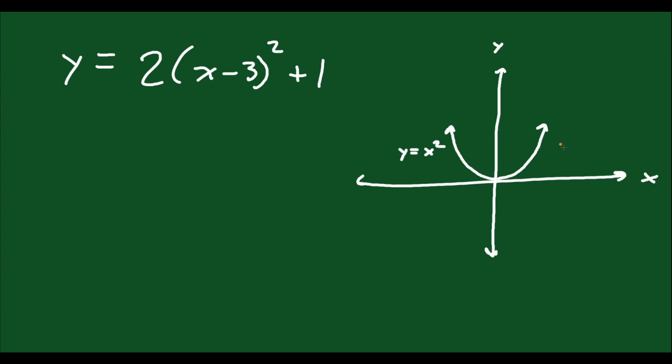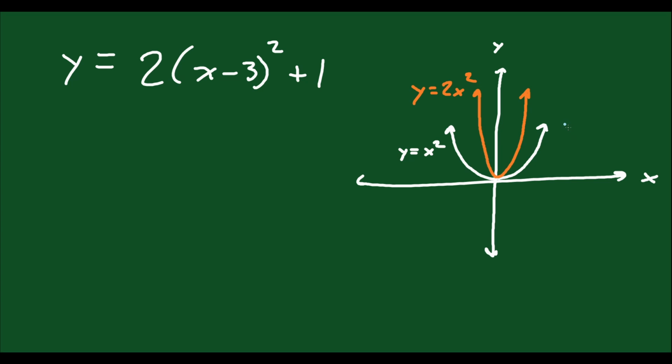So the first thing that maybe I want to apply is this 2 on the front that I'm multiplying. It's always a good strategy to apply your stretches, compressions, and reflections before you apply any of your shifts. At least if you're doing this one step at a time, that's the way you should do it. So I have a 2, so that's going to make it twice as tall and skinny. So vertical stretch, it's going to look like that. So this is y equals 2x squared.